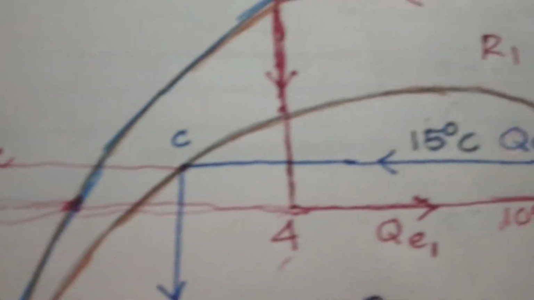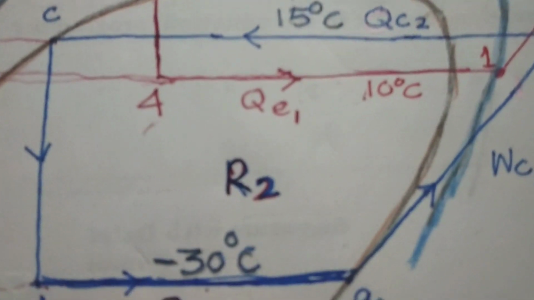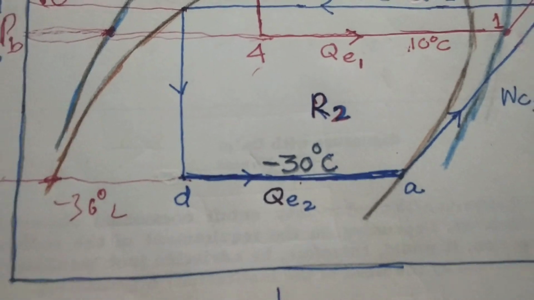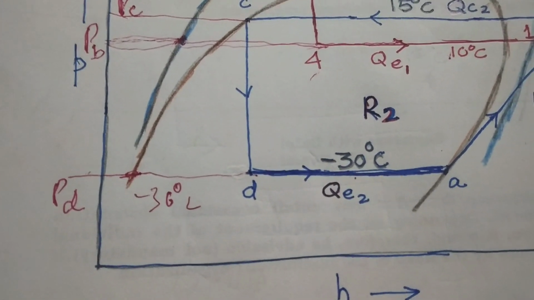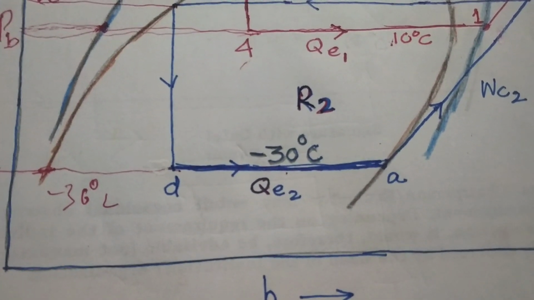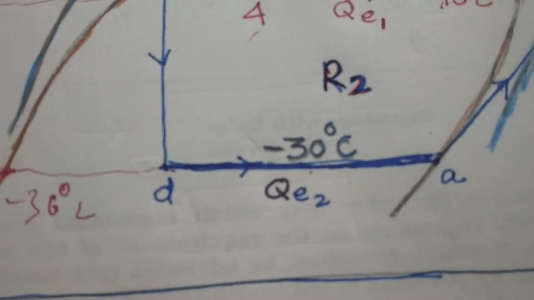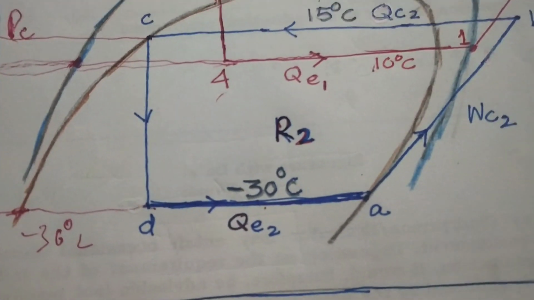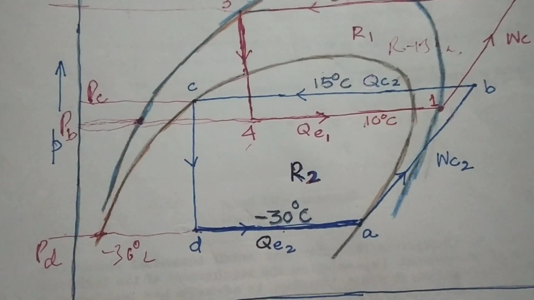This is the PC line, corresponding to 15 degrees centigrade, and that is for R2. Similarly, we have PD pressure, representing the achievable saturation temperature of minus 30 degrees centigrade.